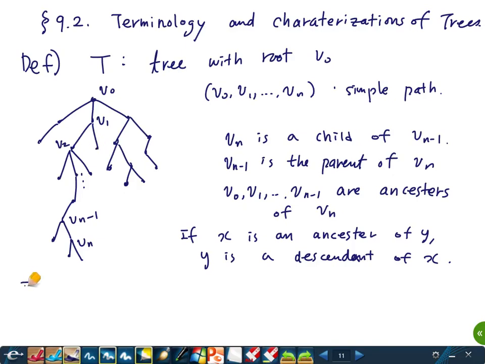And if X, Y are children of Z, in other words, they have the same parent, then we say that X and Y are siblings.